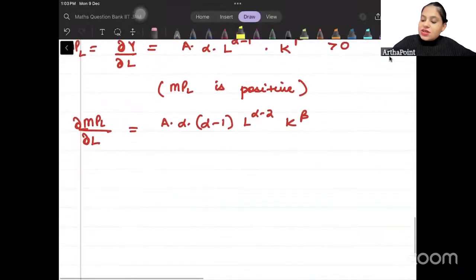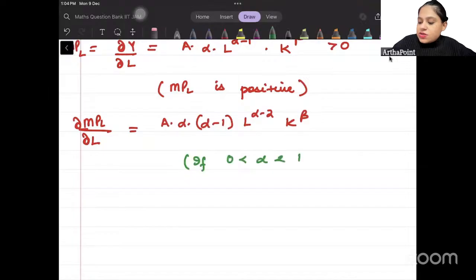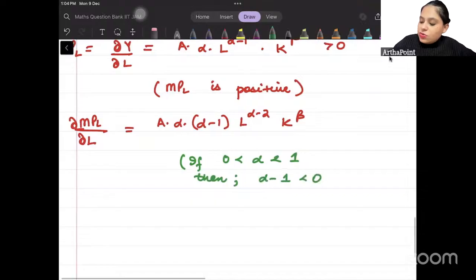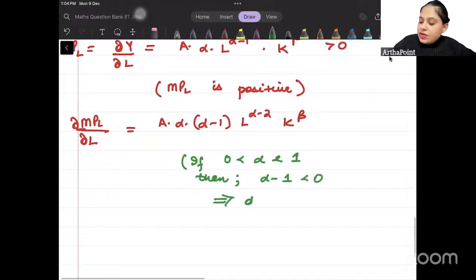Now if I assume that, I can say that if alpha is between 0 and 1, only then alpha minus 1 will be less than 0. And this will imply diminishing returns.